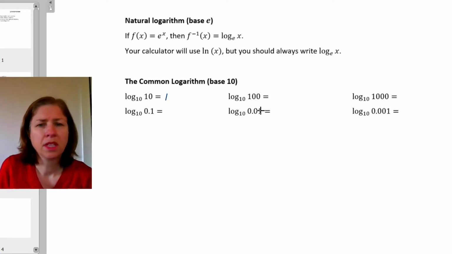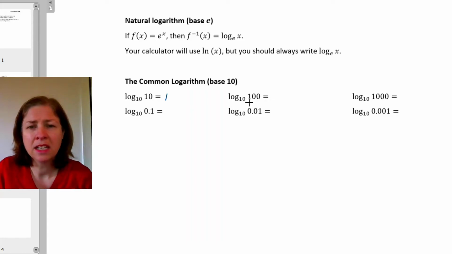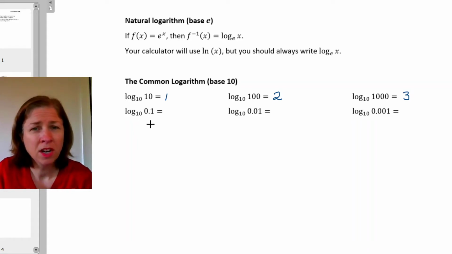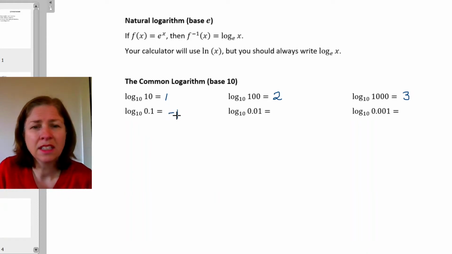And for the second one, 10 to the power of what is going to give me 100? The answer is 2. And 10 to the power of what is going to give me 1,000? The answer is 3. Here, 10 to the power of what gives me 0.1, remembering that 0.1 is 1/10, so that's 1 over 10, so that's the power of -1.